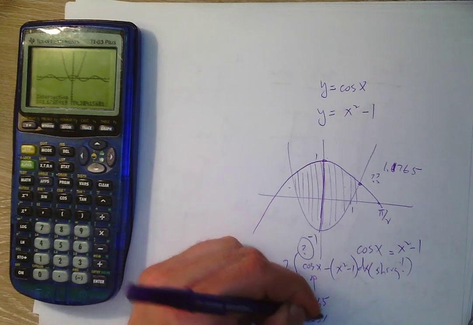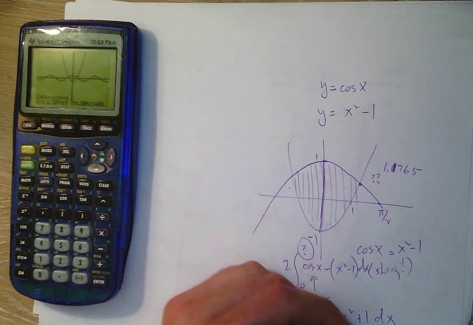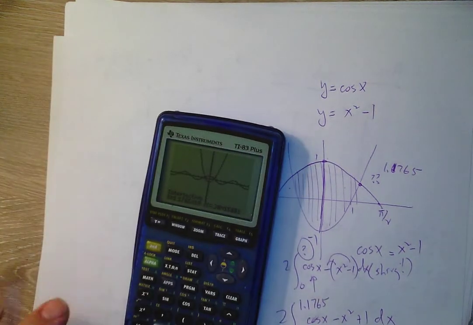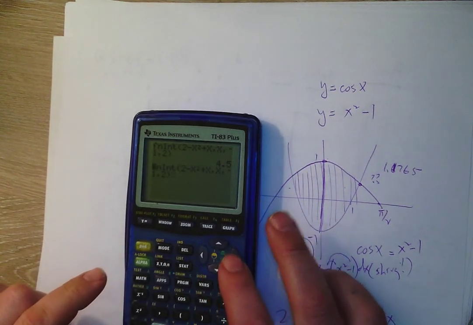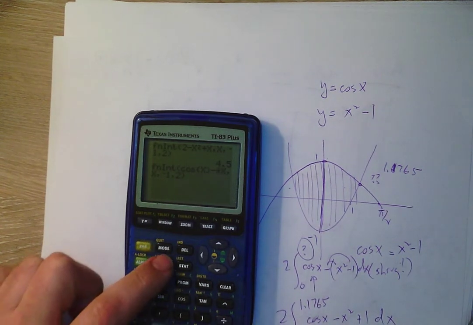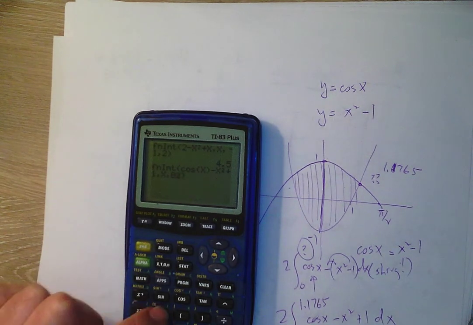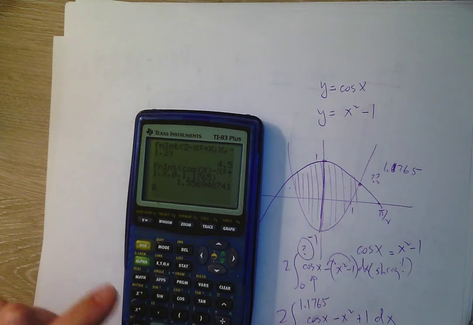So then I want 2 times the integral from 0 to 1.1765 of cosine x minus x squared plus 1 dx. Please note that's plus 1 because I had to distribute the minus. So if I integrate f int cosine x minus x squared plus 1 comma x comma 0 comma 1.1765, and don't forget that's only half the region.